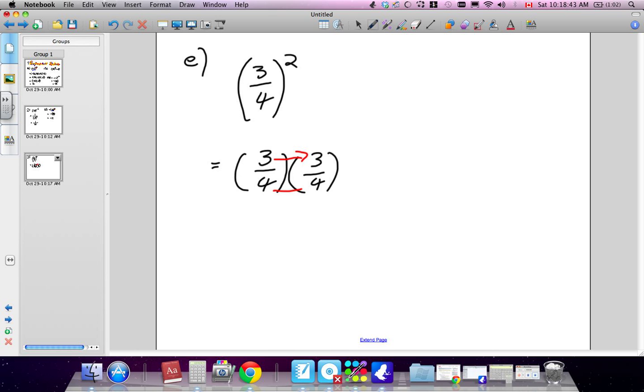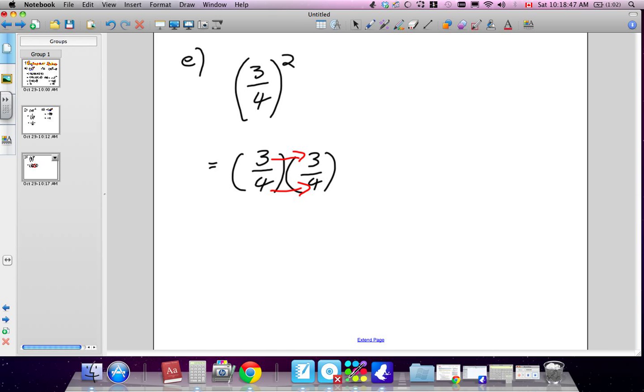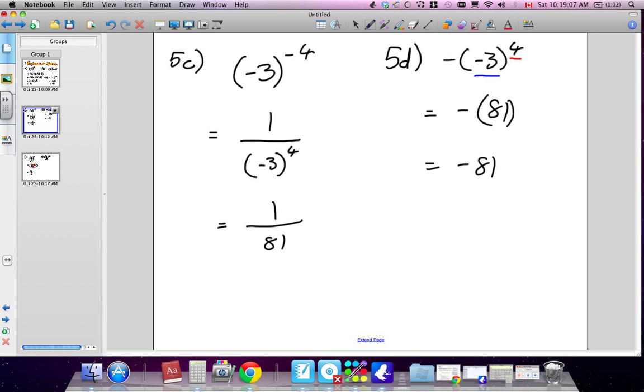Okay. F. 3 over 2 to the power of negative 2. Now, what I'm going to do is go back to this question here and try to make sense of what we've done. Technically, I'm going to do it in red. This will be our side calculation of what I did up there. To get to this, technically, I had negative 3 over 1, and it was to the power of negative 4.